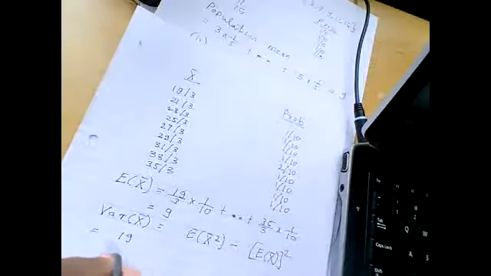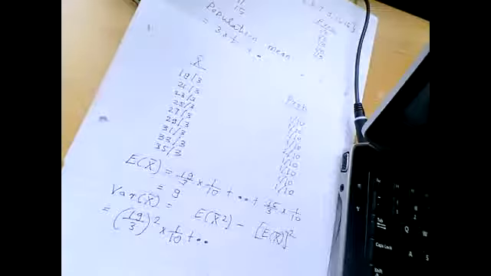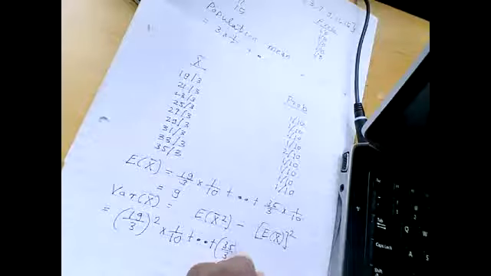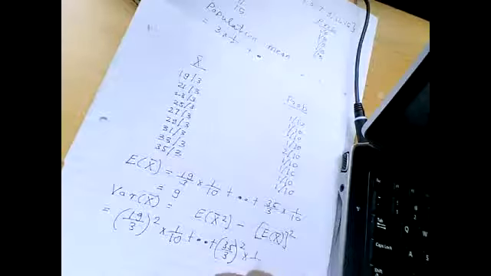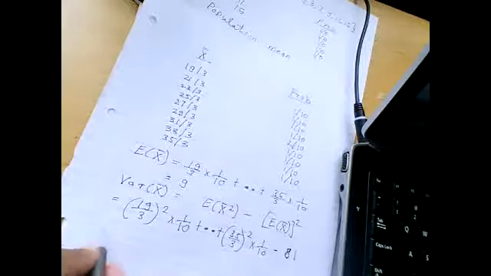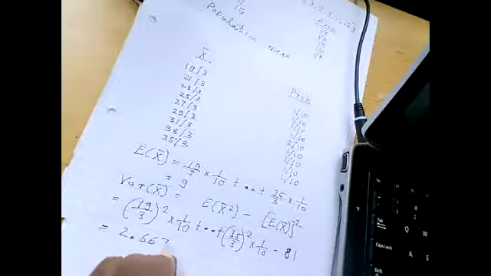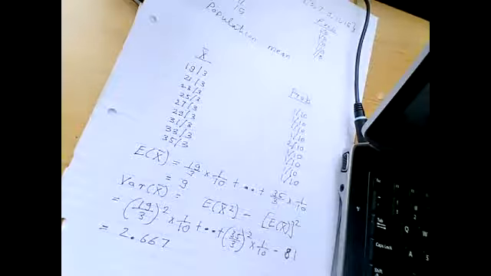So this is going to be 19 by 3 squared times 1 over 10, all the way up to 35 by 3 squared times 1 over 10, minus 9 squared, which is 81. Now, if you do the math, this will turn out to be this. All right. Are you okay with me, guys, so far?